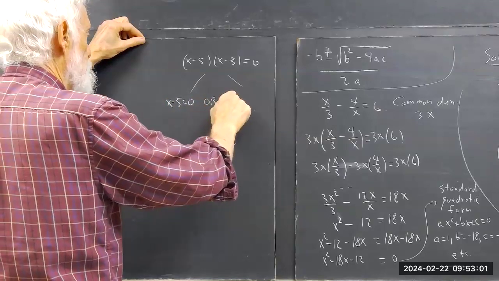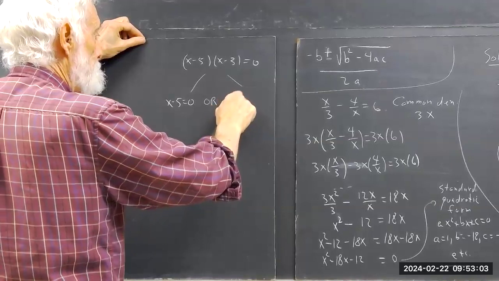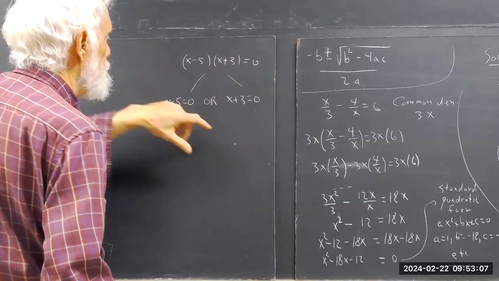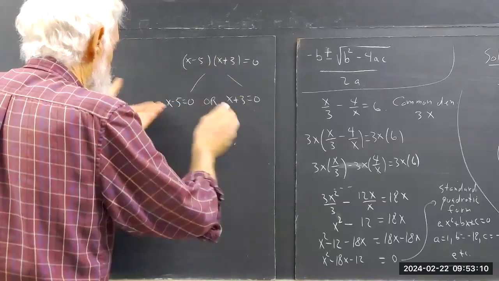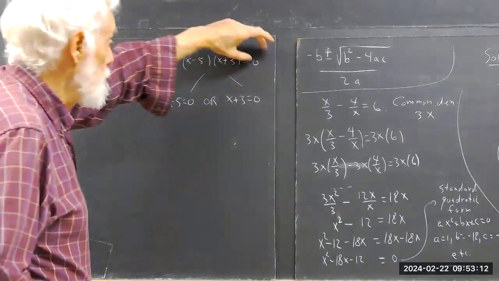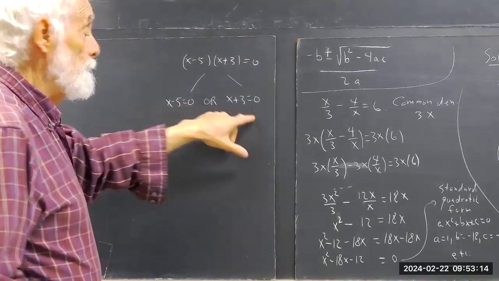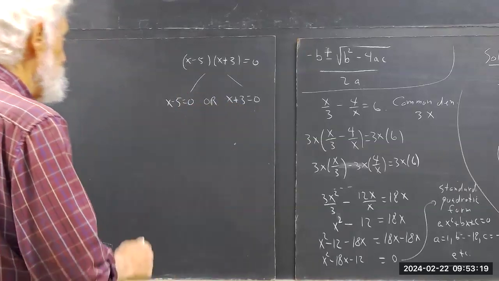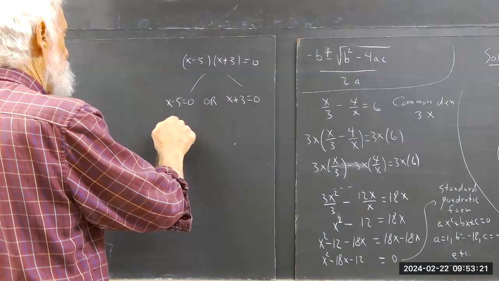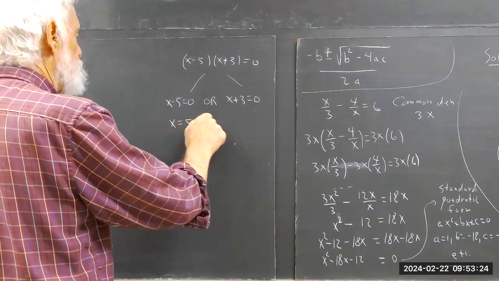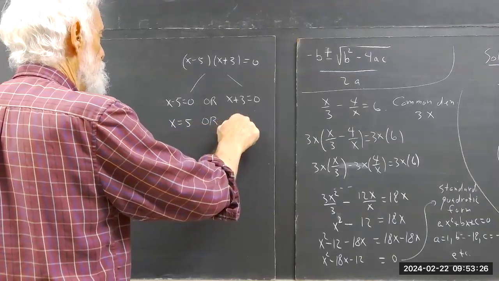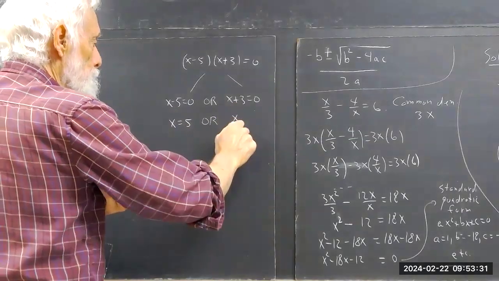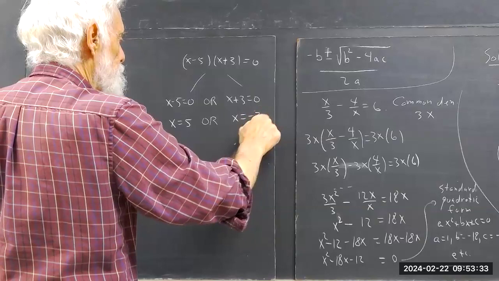And of course, this is the way we did it last time. I wrote a minus here, it's a plus. Okay, so it means that if two things multiplied are 0, then one of them has to be 0. Could be either one, so it could be this one or this one. Well, it's very clear that we can solve these very easily. Add 5 to both sides here, we get x equals 5. Subtract 3 from both sides here, we get x equals negative 3.